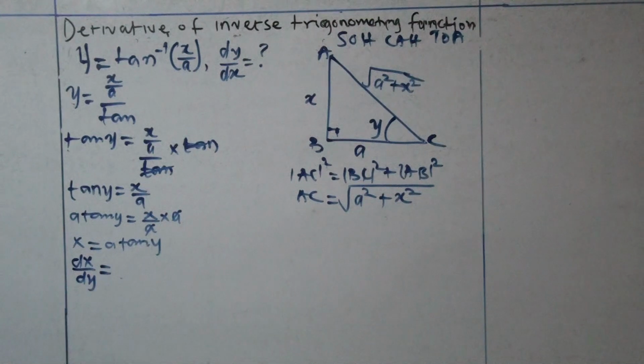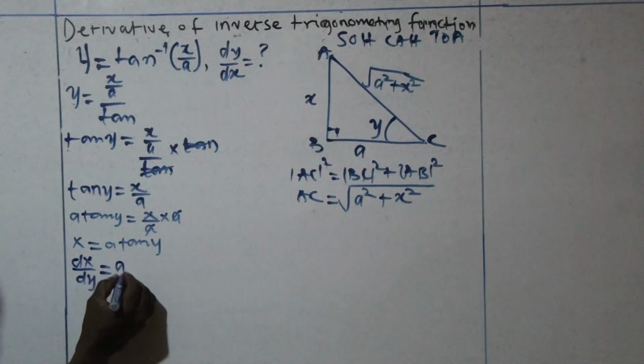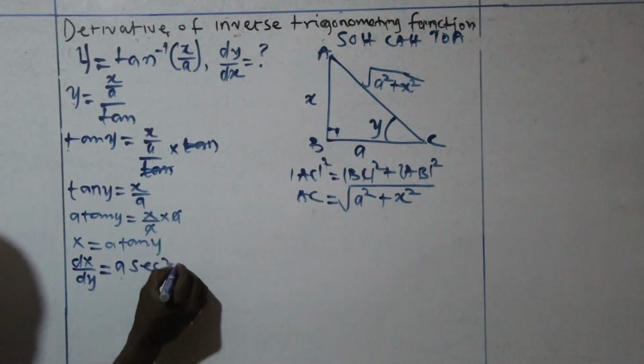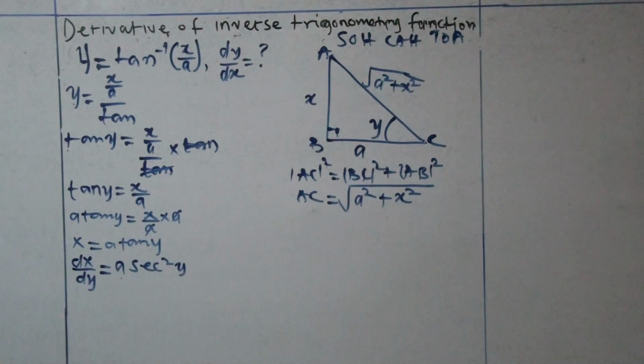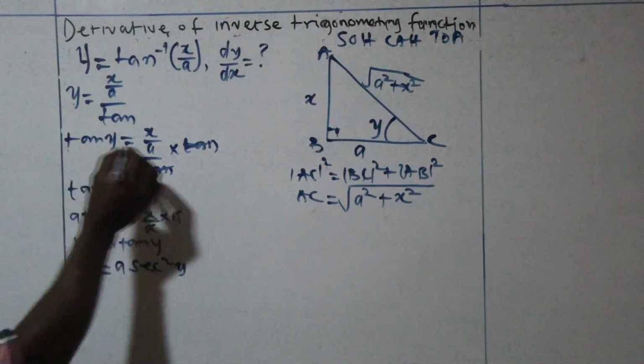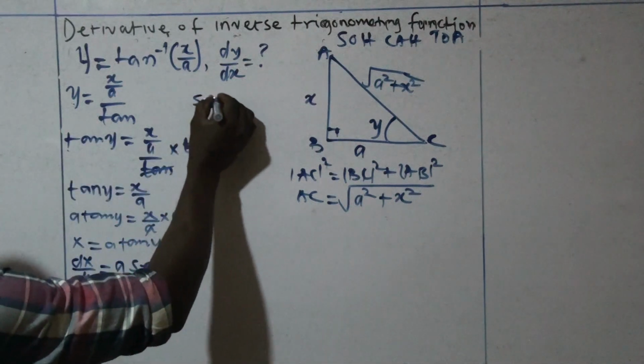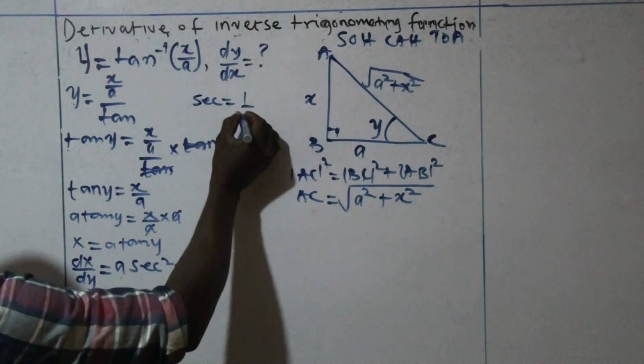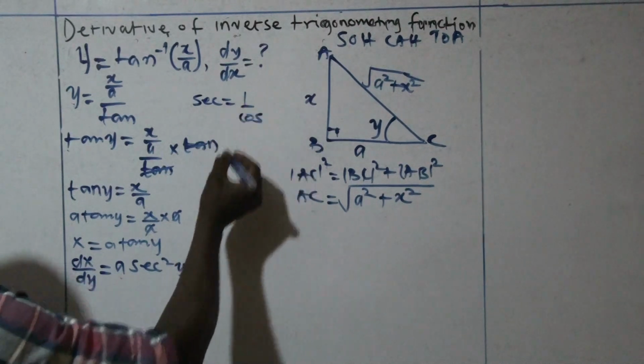If we differentiate tan, eventually it will give us sec squared y. But if you recall, sec is 1 over cos.